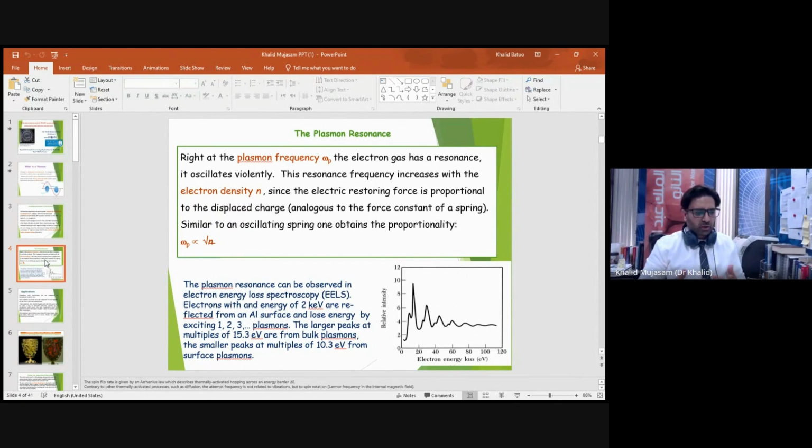We have to perform, for example, electron energy loss spectroscopy, and one of the spectra I have presented here shows different peaks. We have almost four peaks, and the major peak is observed at 10.3 electron volts.